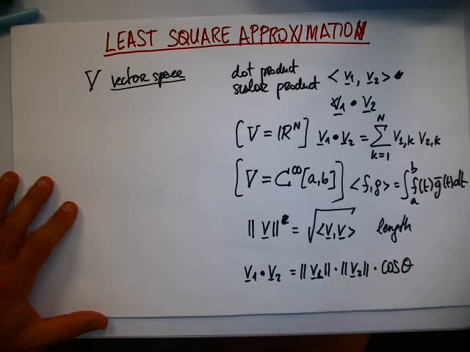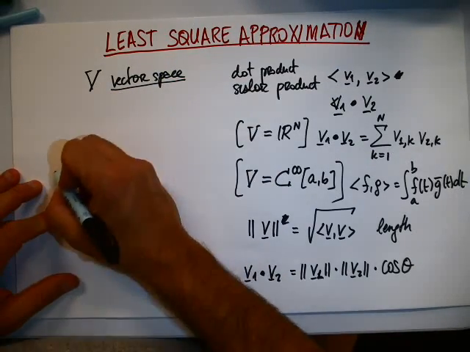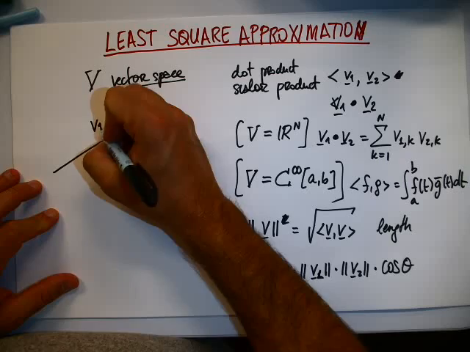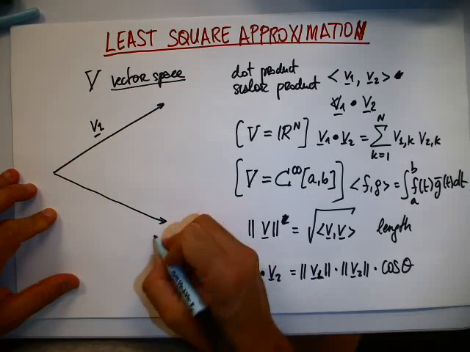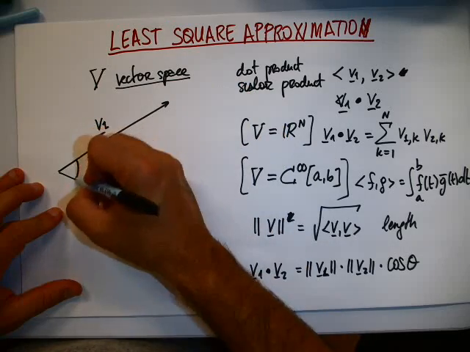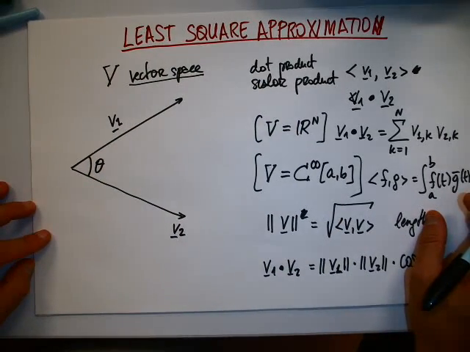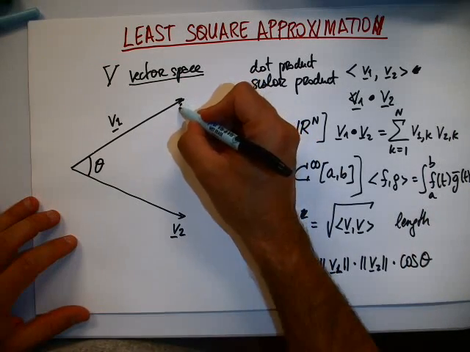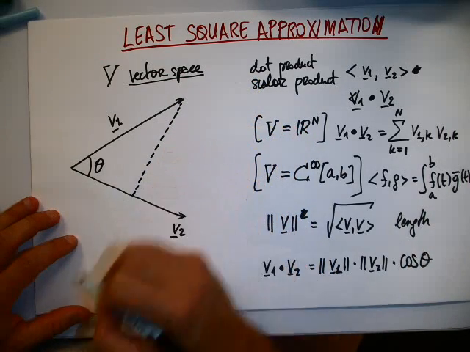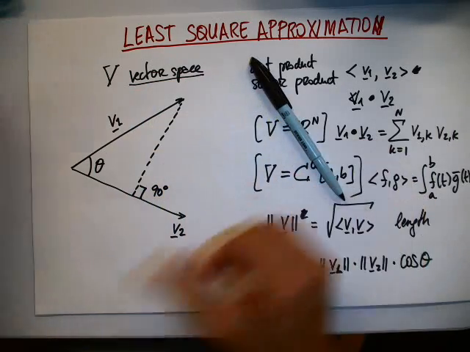the length of V1 times the length of V2 times the cosine of the angle between the two vectors. Okay? And let's assume that here this is V1, and here we have the vector V2. Here we have the angle between the two vectors. I can define the orthogonal projection of V1 onto V2.